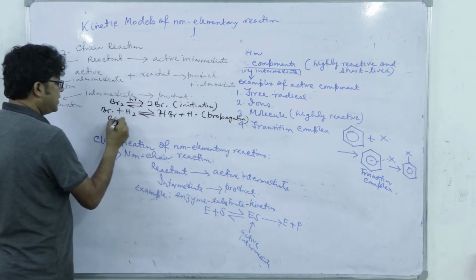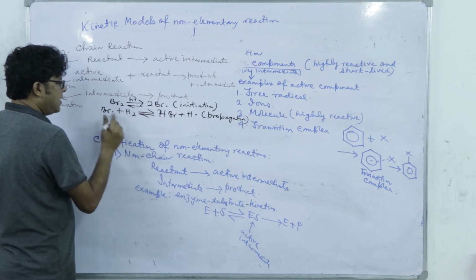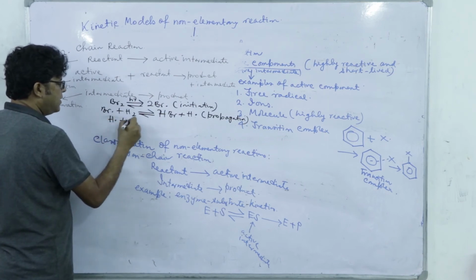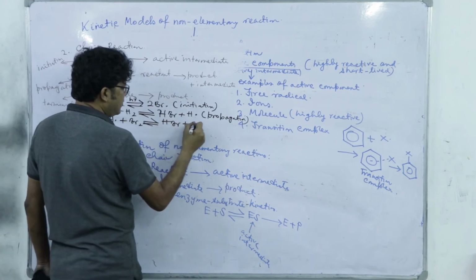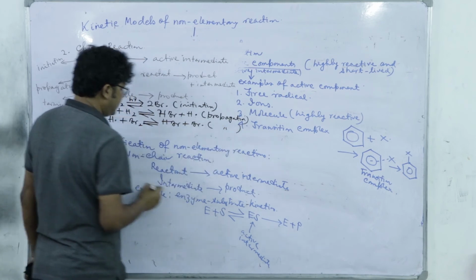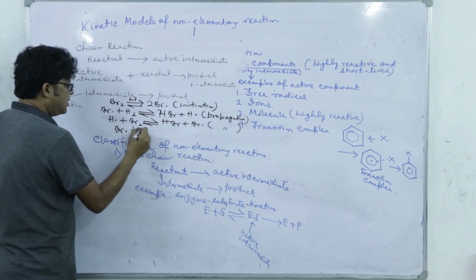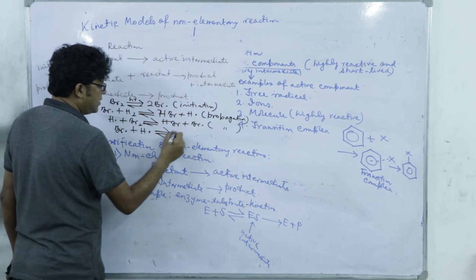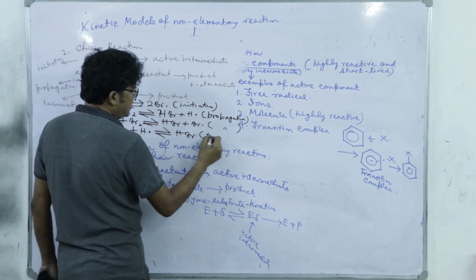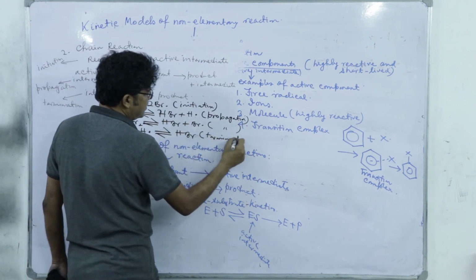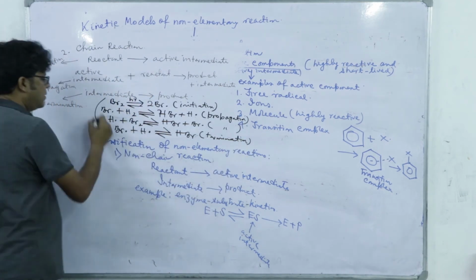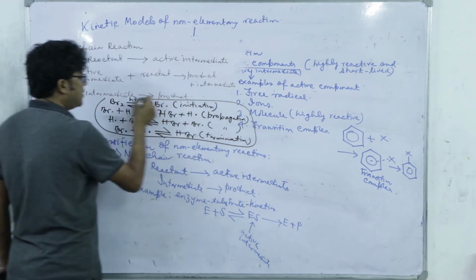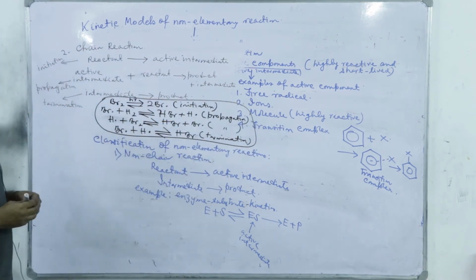Now, H dot reacts with Br2 giving HBr plus Br dot. That is also propagation. And Br dot plus H dot giving HBr, that is termination. Right? So, this is a typical example of chain reactions.